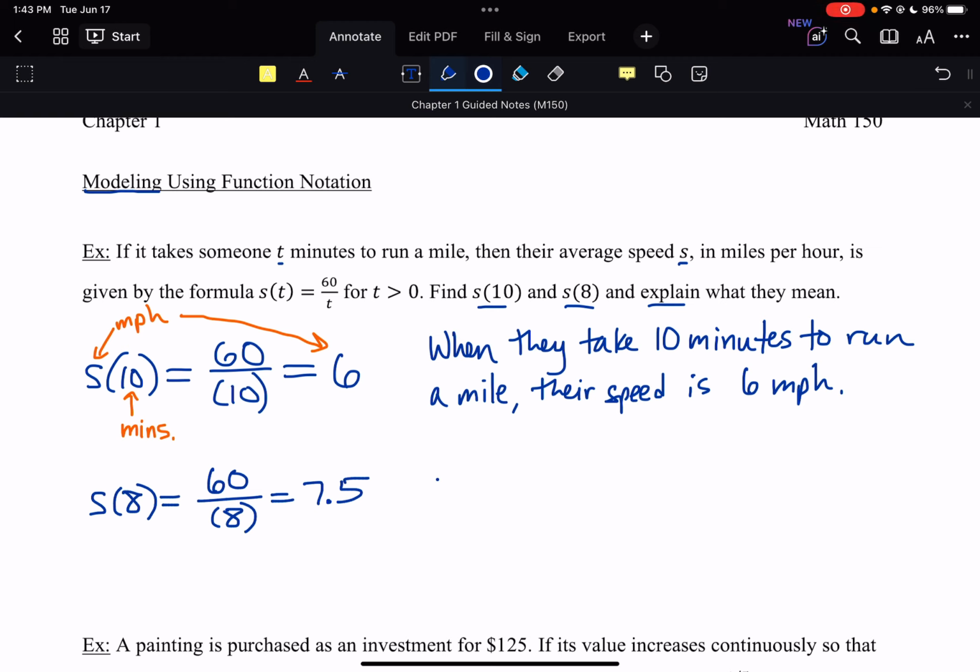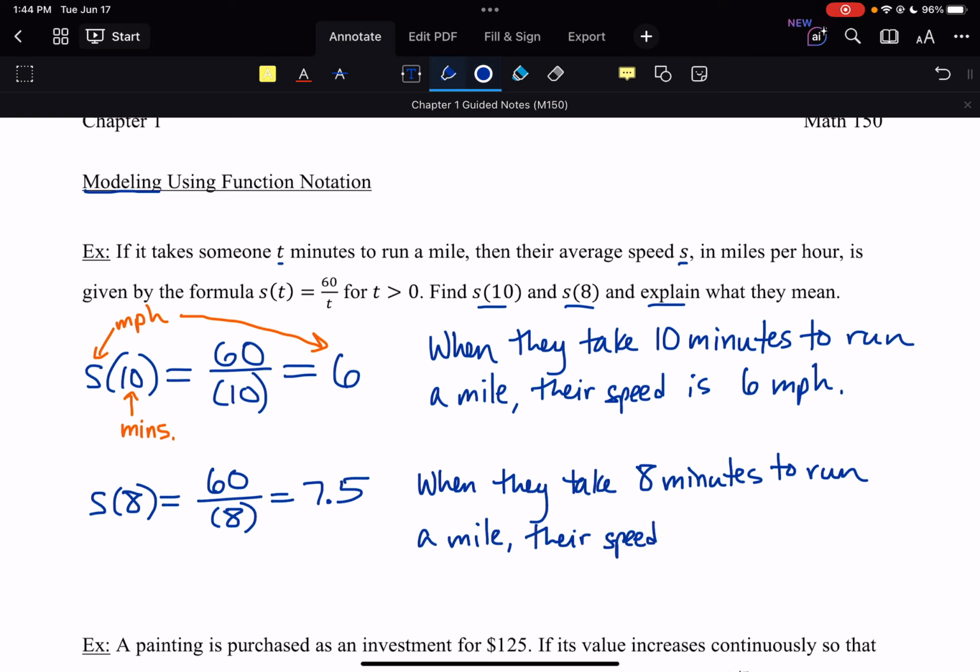So when they take 8 minutes to run a mile, their speed is 7.5 miles per hour.